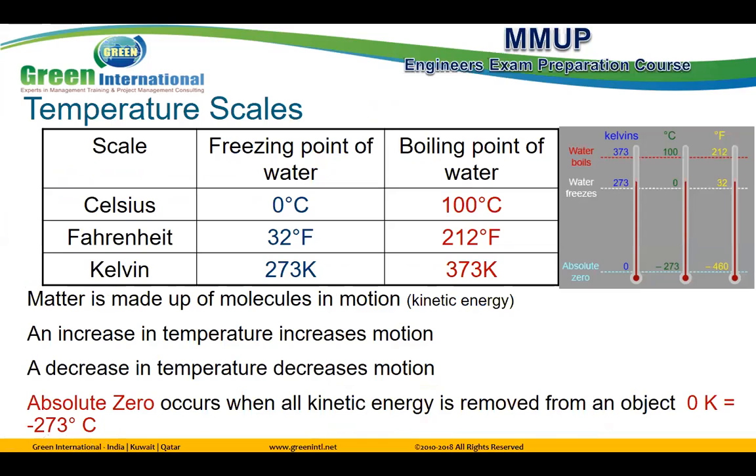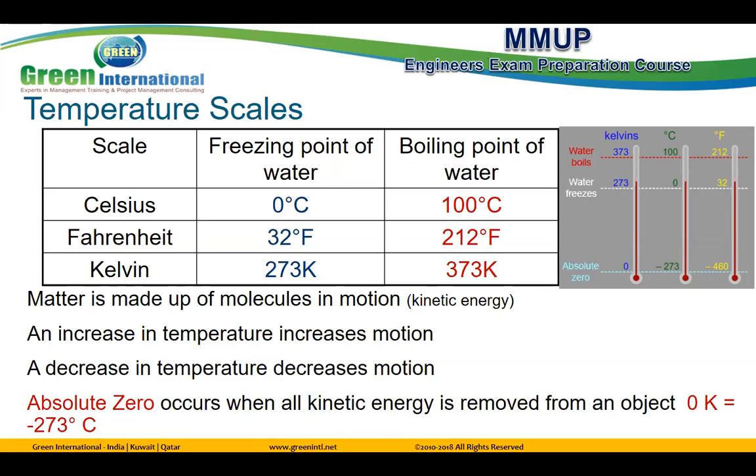Here we represent the difference between temperature scales. As you know, the two main scales used are Celsius and Fahrenheit. In Celsius, the range is 0 for the freezing point and 100 for the boiling point, so delta T between freezing and boiling is 100.